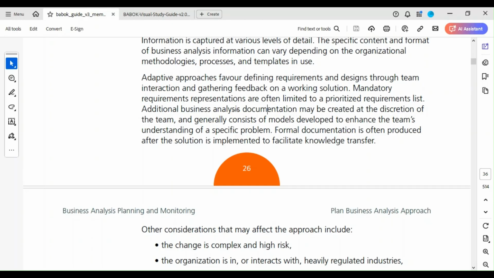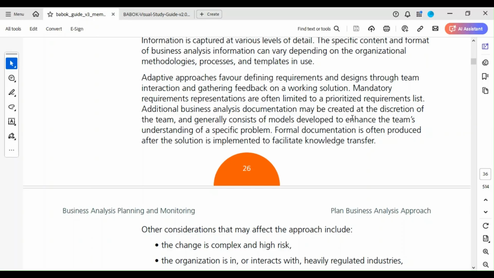Mandatory requirements representations are often limited to a prioritized requirements list, so your backlog. In the agile approach, you have your backlog, you refine it, you now streamline or take out what you want to go into that sprint. Okay.